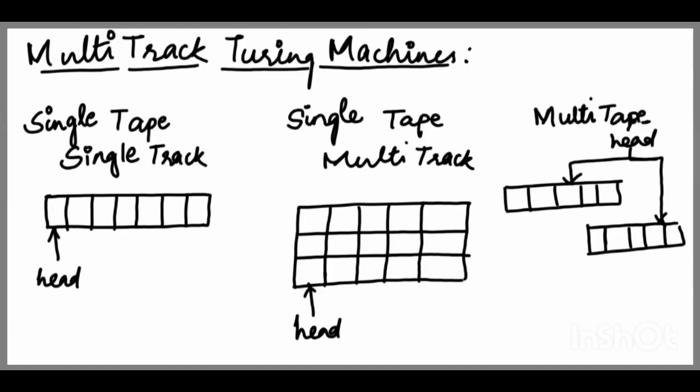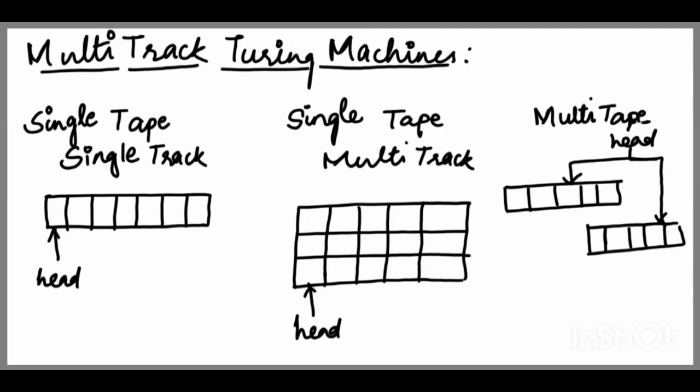A single tape, single track Turing machine consists of seven tuple values, that is Q, sigma, tau, delta, Q naught, F, and the blank symbol. In Turing machines, we have different types. Few of them are already mentioned. Single tape, single track Turing machines, in which there is a single tape with a single track and a single pointer pointing to the track, which can move either in the left direction or the right direction.